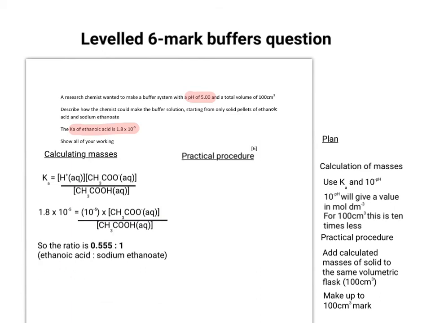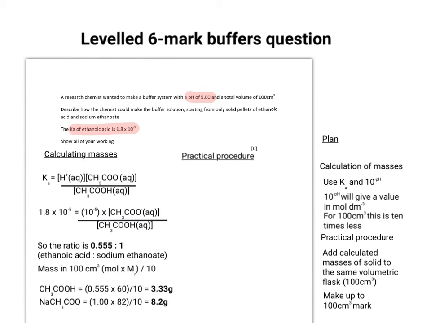So we can use mass equals moles times Mr, but that would give us the value for 1,000 centimeters cubed. So in 100 centimeters cubed there must be 1/10 of the moles that are present. For the mass present for each substance in 100 centimeters cubed, you do moles times Mr divided by 10. Applying that idea to our two substances, ethanoic acid and sodium ethanoate, that means we need those two amounts in 100 centimeters cubed to make a buffer that has a pH of 5.